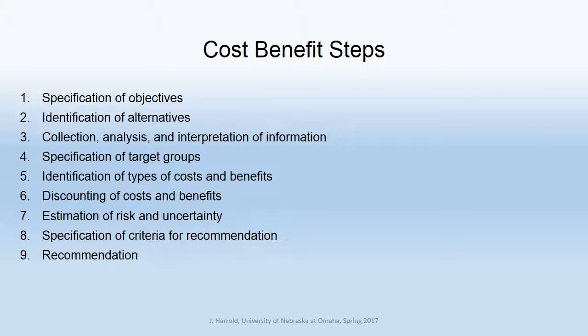In the Clemens and Macbeth book, they list 9 cost benefit steps. So just kind of stare at those for a second and look down that list. This looks pretty familiar, right? This looks a lot like the steps that we're using for our policy analysis project. Well, a cost benefit analysis is a way of doing policy analysis.